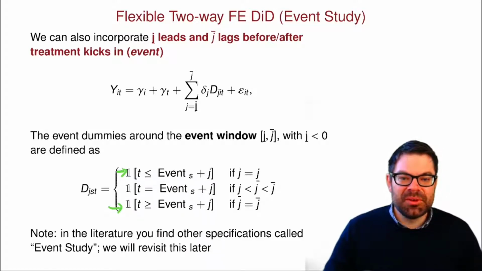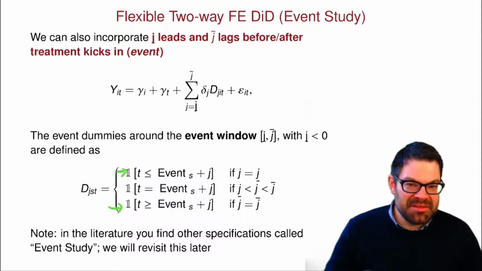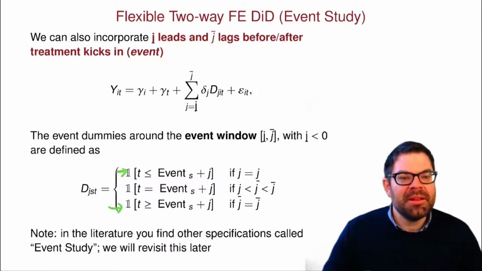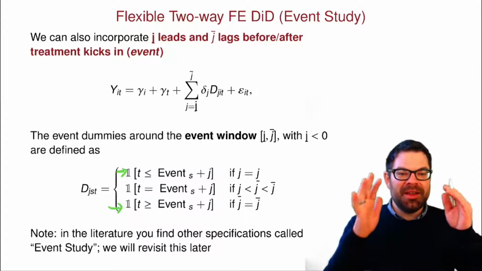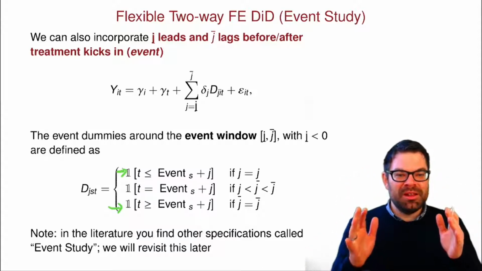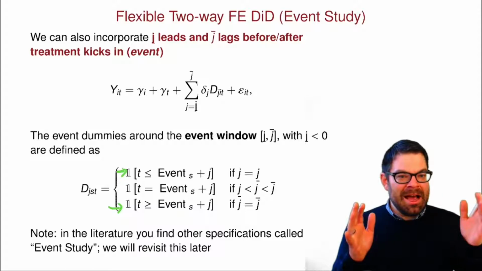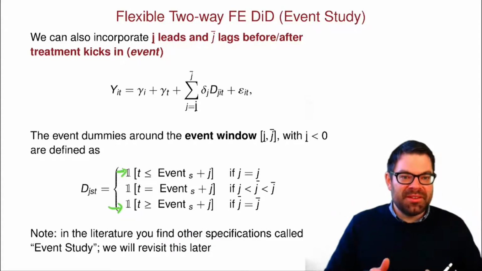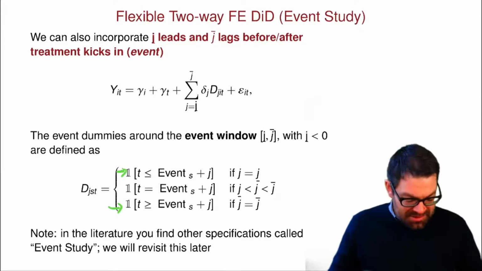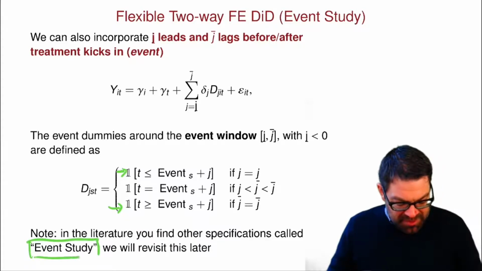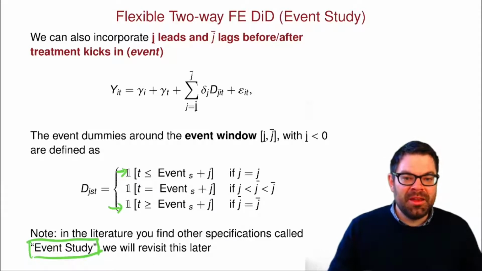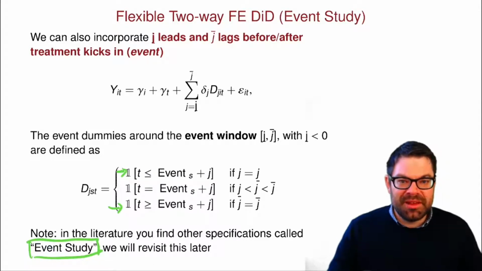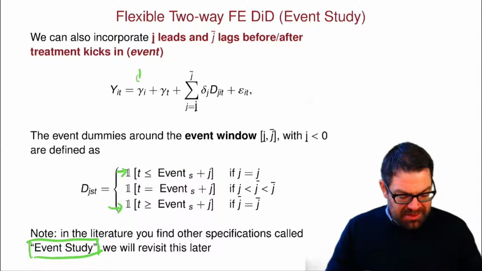Okay, so that specification, especially when you have an event window that you consider before and after treatment, and that window is different, it happens at different times in different units, that setup you will find very often under the name event study, and we will look at this later in greater detail.